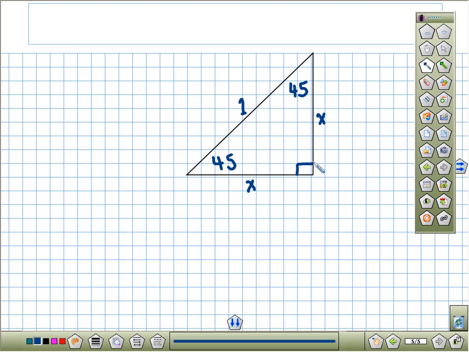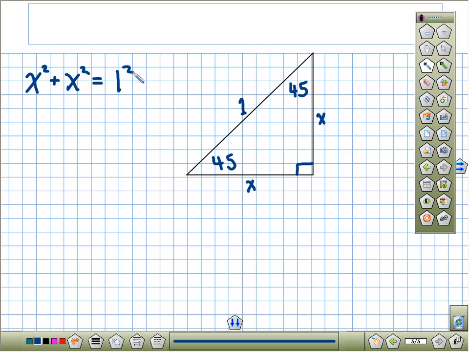Well, is there any technique that you've ever learned where if you have a right triangle you can find a missing side? What is it? Yeah, we know that x squared plus x squared equals 1 squared, right? Because on Pythagorean theorem, you have a squared plus b squared equals c squared. So the sum of the squares of the two other sides are equal to the square of the hypotenuse, right? So that's what we have here.